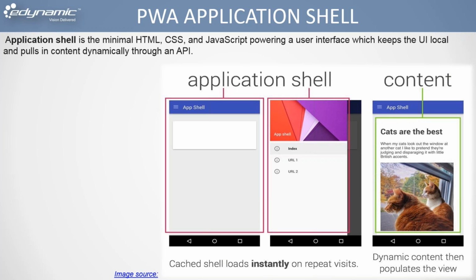So it is showing you how it works in the offline mode. These are three pages that the user accessed: index, then URL1 and URL2.